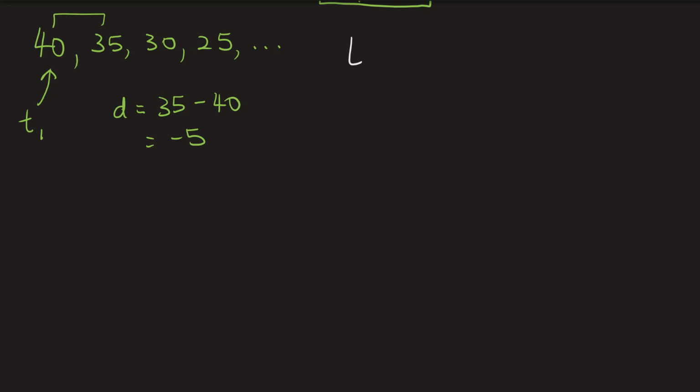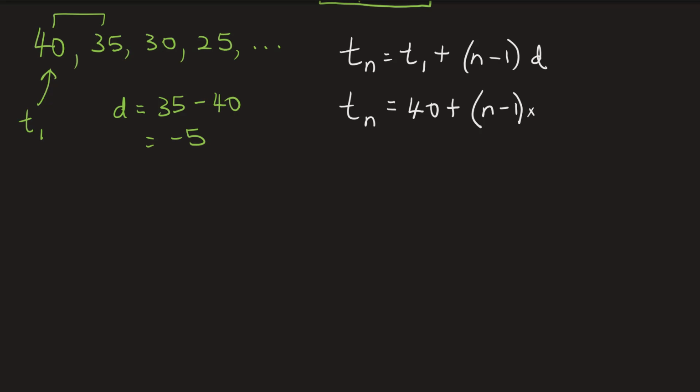So using our formula of Tn is equal to T1 plus n minus 1 d, Tn is equal to the first term 40 plus n minus 1 multiplied by negative 5.